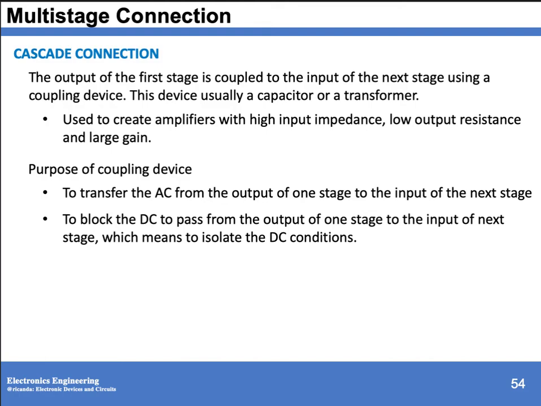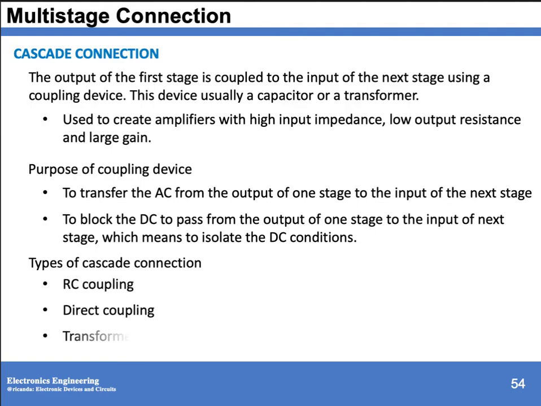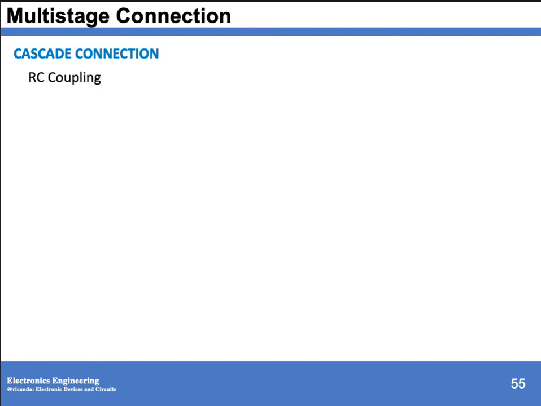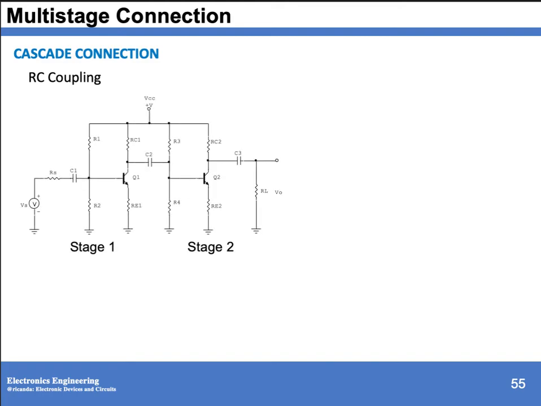Then we have different types of cascade connection: the RC coupling, the direct coupling, and the transformer coupling. But in our DC analysis, we are only discussing the RC coupling and direct coupling. First, the RC coupling circuit. We have stage 1 and stage 2, connected with a capacitor.